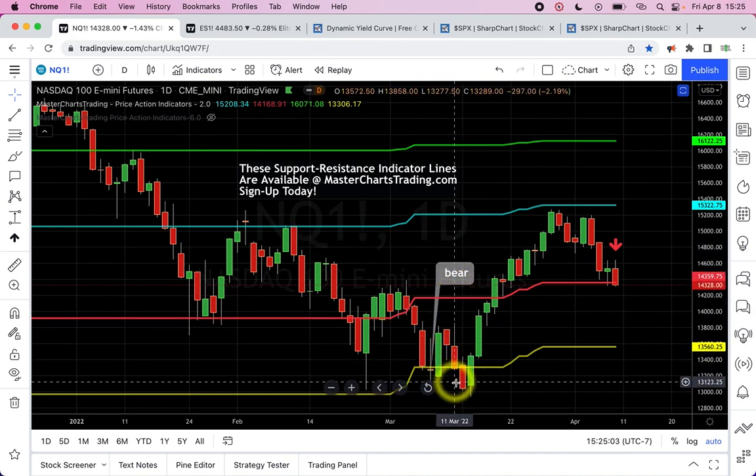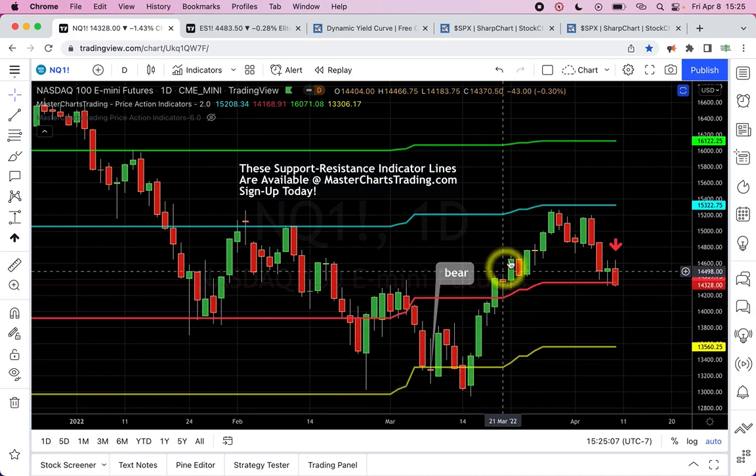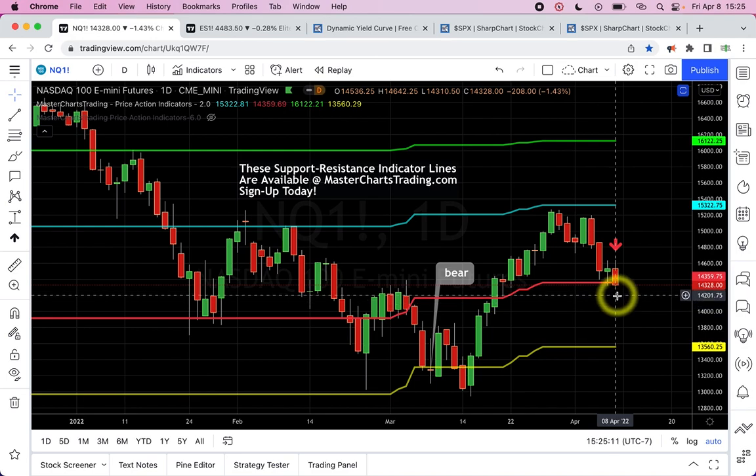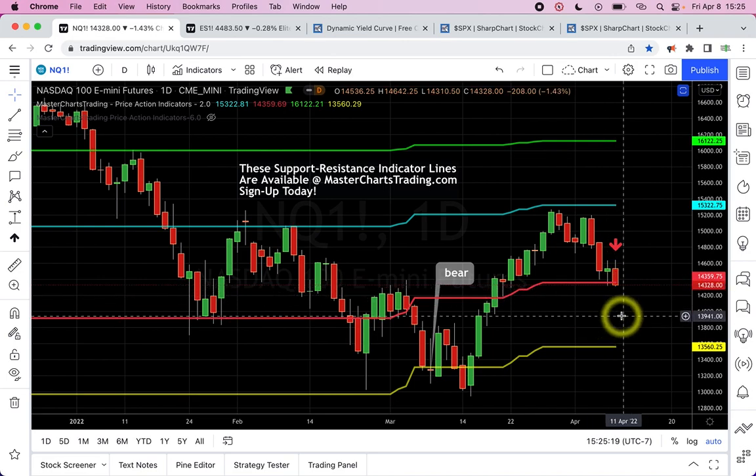And since the NASDAQ entered a bear market, we were waiting for a bounce, and then we were waiting to sell it short. So actually today, well, it's already after the market closed, but today, the 8th of April, was the signal.